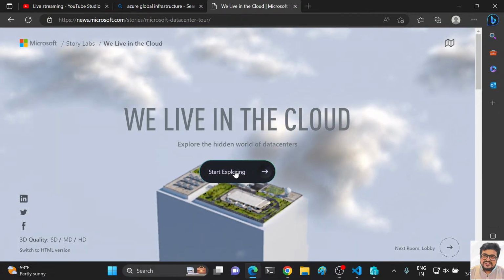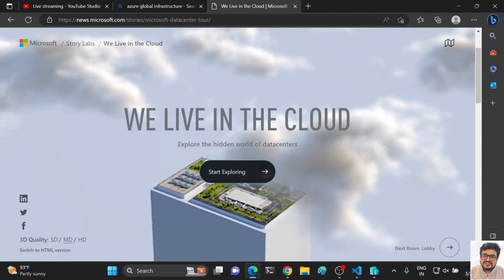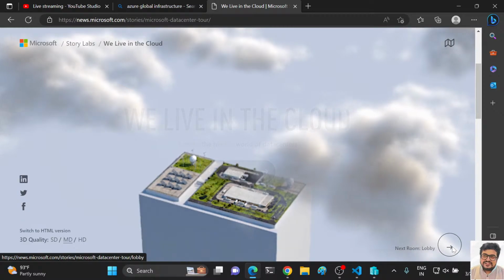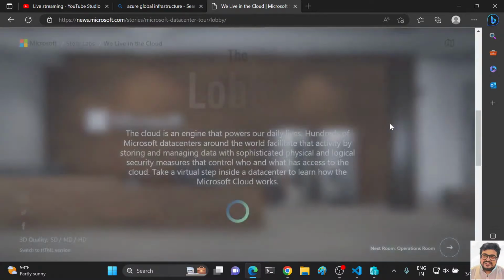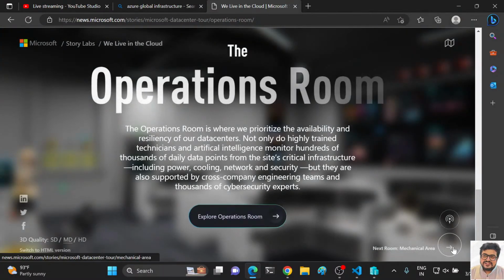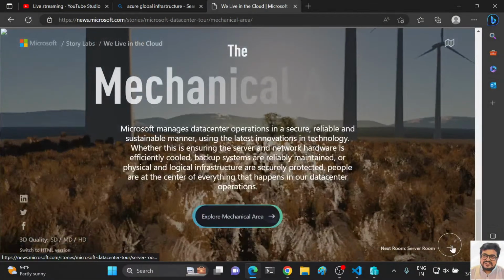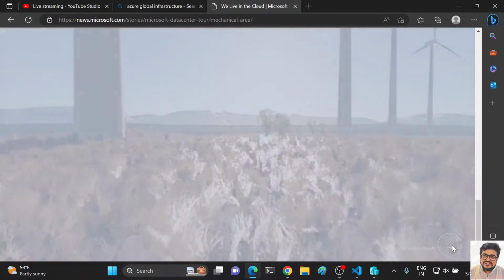So right now we'll start from there, and then we will try to see how things will work out. I'm not interested in this. I'm not interested in operations room also. Mechanical area, not interested. Show me the servers room. Yeah, this is our area of interest.